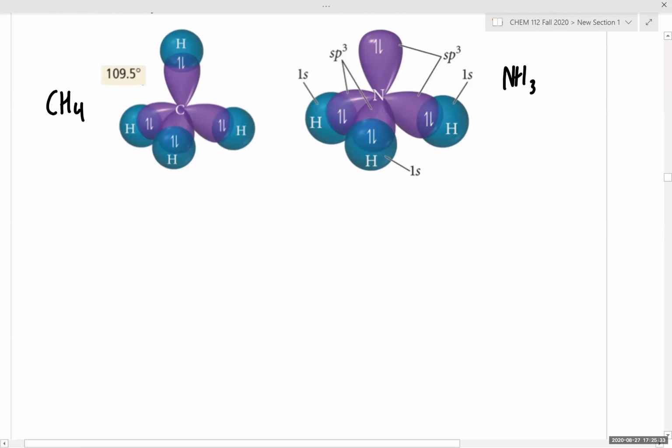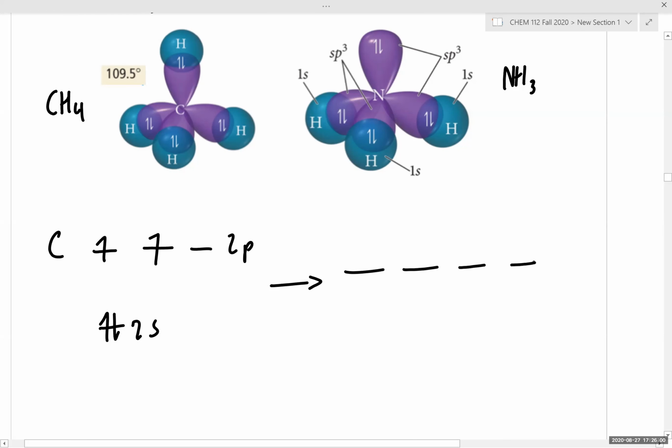So, first and foremost, for carbon, before hybridization, we have a 2s orbital and we have 2p orbitals. Carbon has 4 electrons to its name. So carbon is then going to hybridize. We're going to combine our atomic orbitals to generate hybrid orbitals. So we've generated 4 sp3 hybrid orbitals, each with 1 electron.